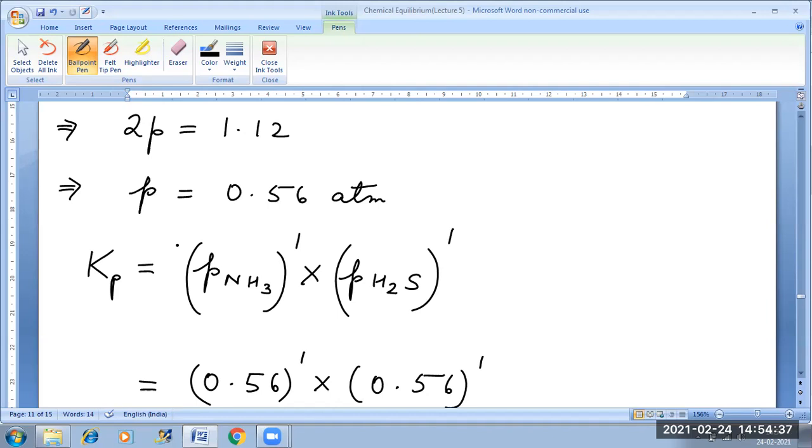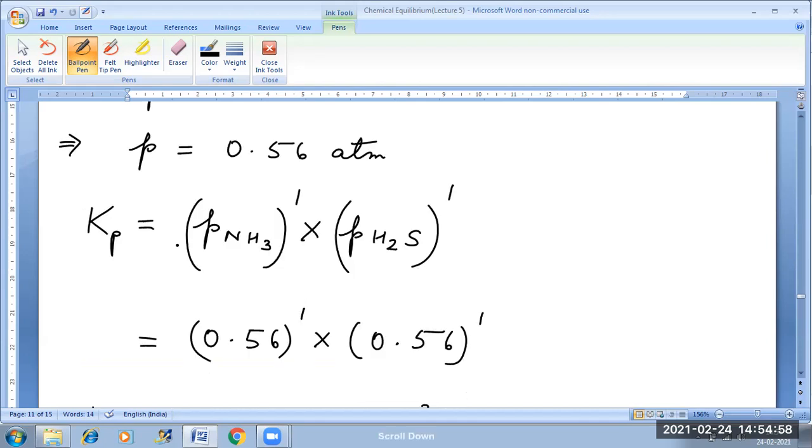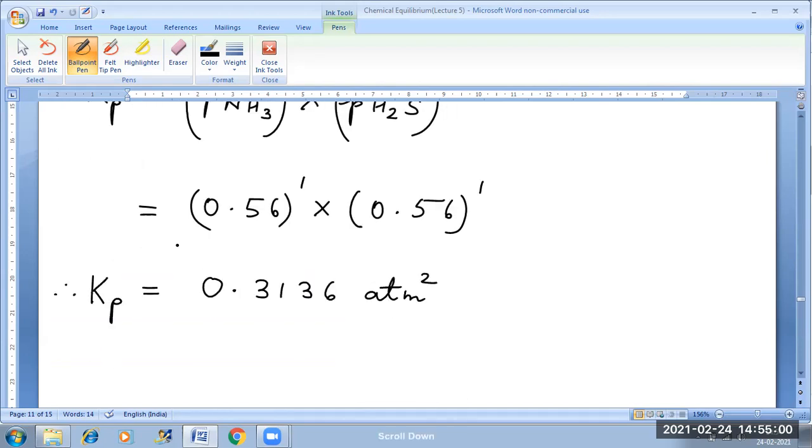Any doubt anybody has? Okay. So 0.3136 atm square is the value of Kp.